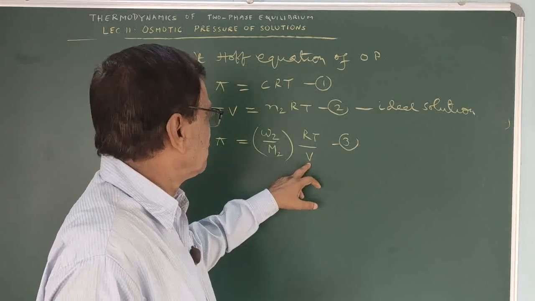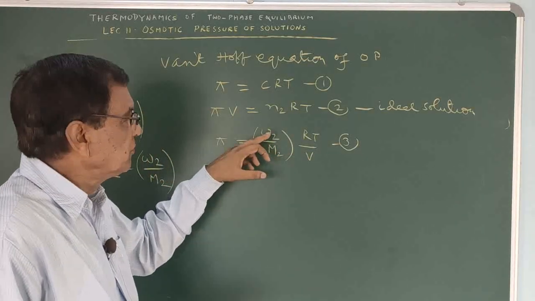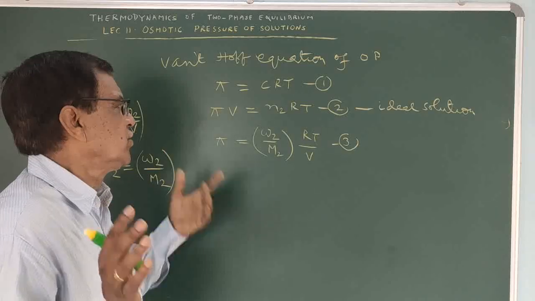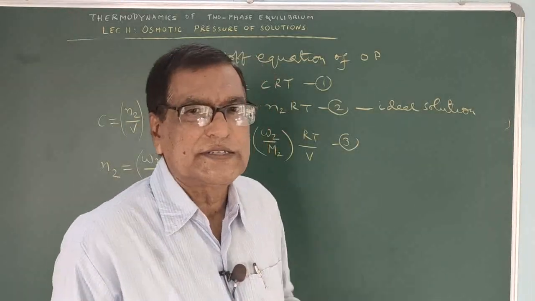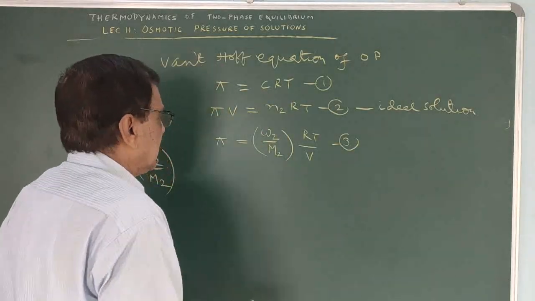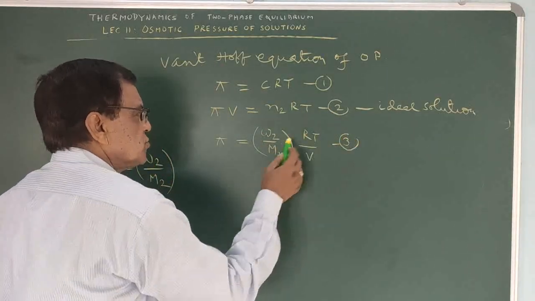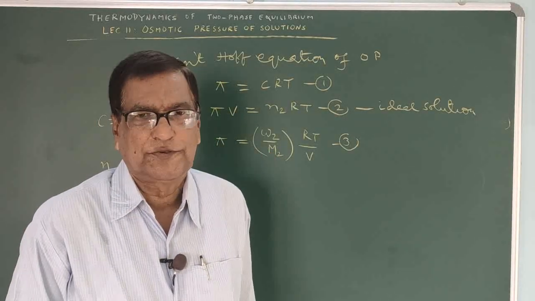V is the volume of the solution which contains W2 grams of the solute at the temperature T. And I can get one simple problem. This equation is widely used to determine the molar mass of the solute.